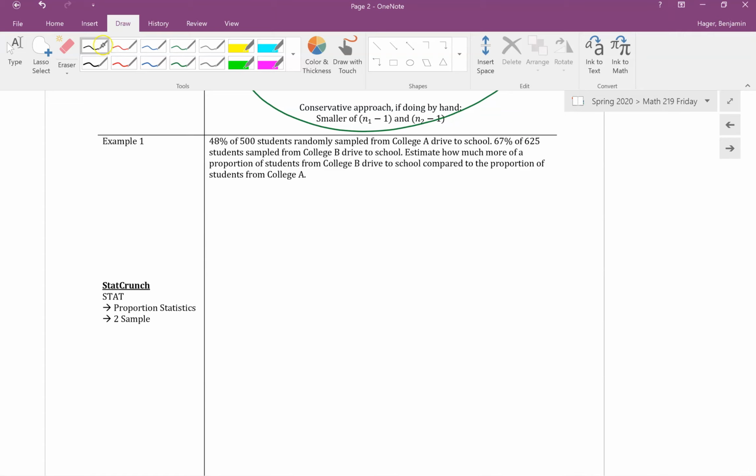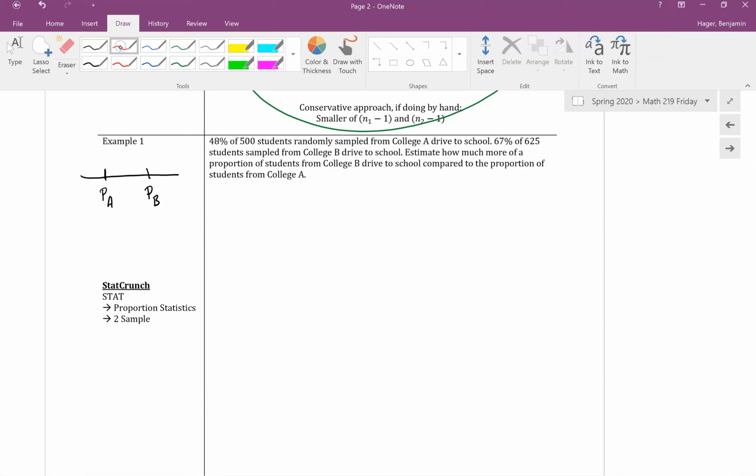Okay, so what they're saying is that there's some true proportion of students that drive to College B. A, let's start with A. There's some true proportion or some true percentage of all the students at College A that drive to school. From the sample, it looks like more students drive to College B, so the true proportion of students that drive to College B is probably higher and to the right.